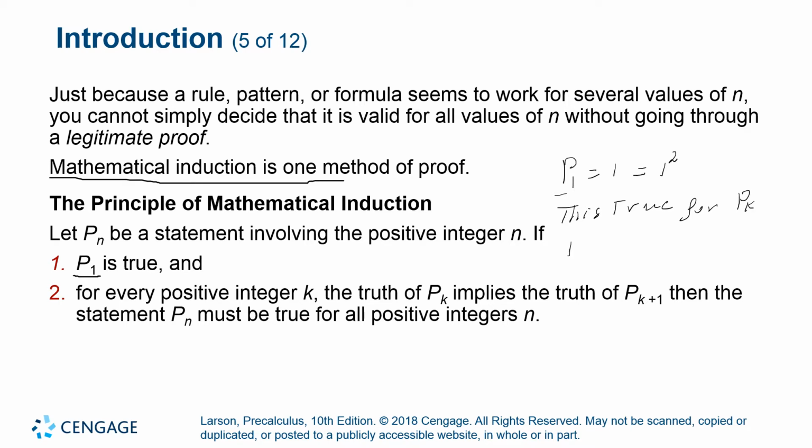So P of k would equal k squared. So that's basically our first step. We have to prove this statement is true. Then for the next step we say, okay, let's assume this is true for all values up to k.